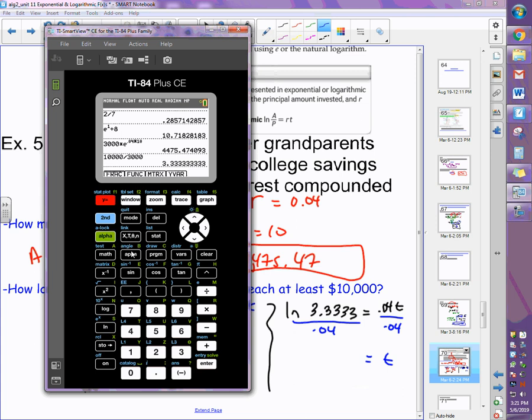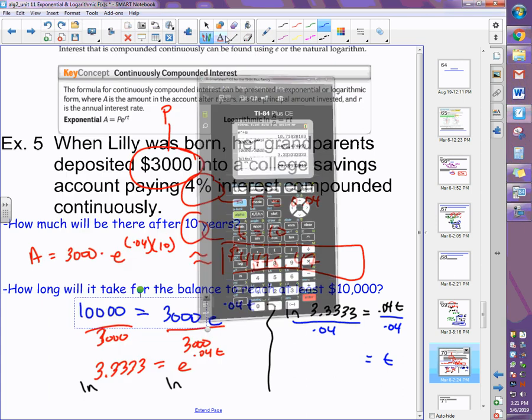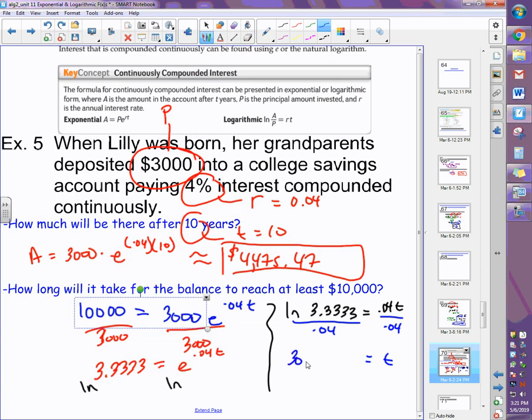So the natural log of my previous answer, I'm just going to hit second answer, so that way I don't have to type it, divided by 0.04. So that's about 30.1 years. Wow, it's a long time. All right, this concludes your lesson for today.